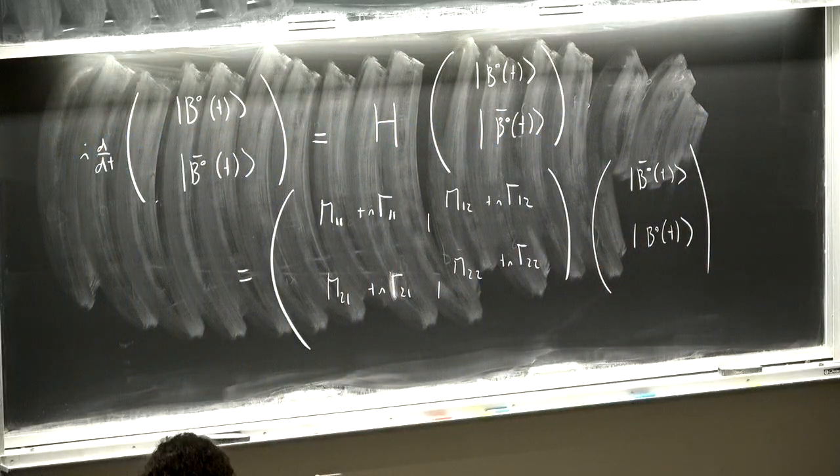And now back to the CP violation. So now we're good. We have all the ingredients we need to understand what kind of CP violation we could observe. So the first thing to note is CP violation is inherently quantum mechanical, right?